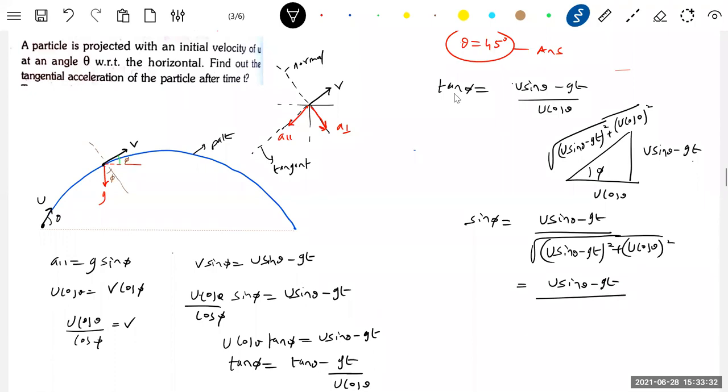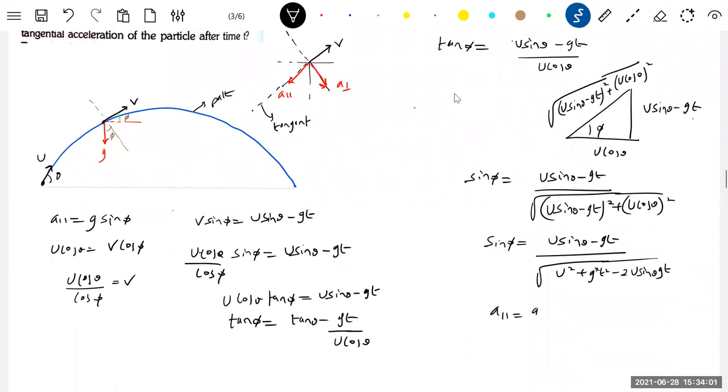This will become under root of u square plus g square t square minus 2u g t sin theta. Substitute the sin phi there, we'll get the required thing. So a parallel equals g sin phi, g into, I'll bring this equation.